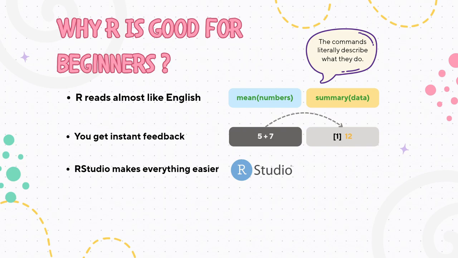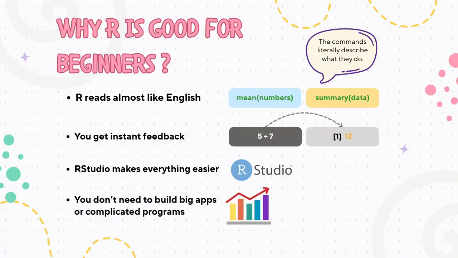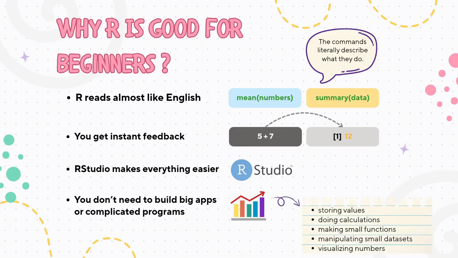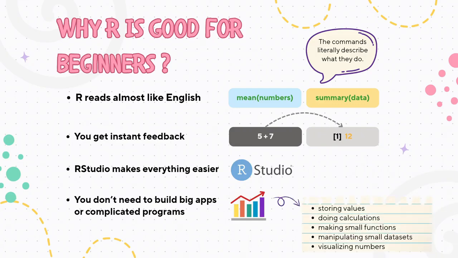And the next and final reason as to why R is good for beginners is that inside R, you don't need to build big apps or complicated programs. You can start with simple tasks and scale your way up. You can start with tasks such as storing values inside variables, doing calculations, making small functions, and manipulating small datasets and visualizing that data with the help of charts.